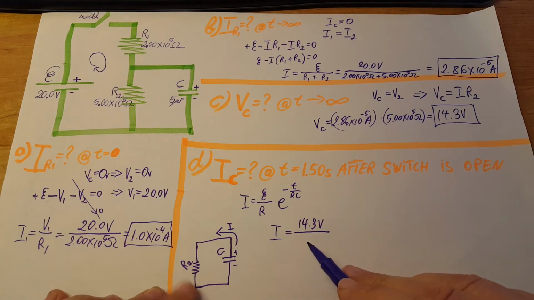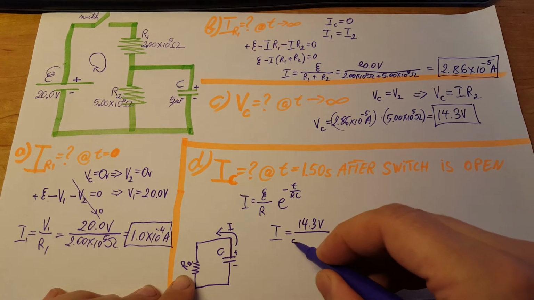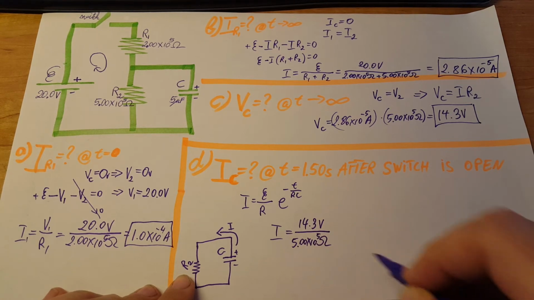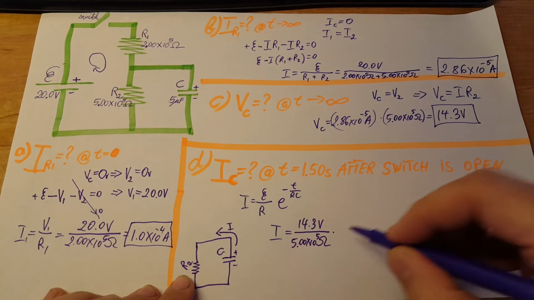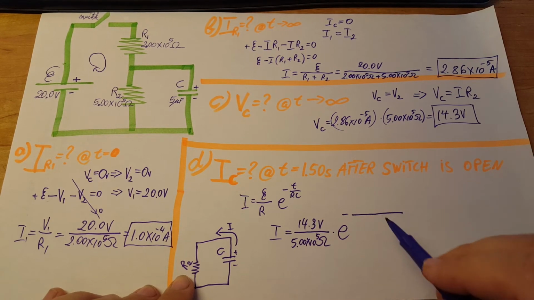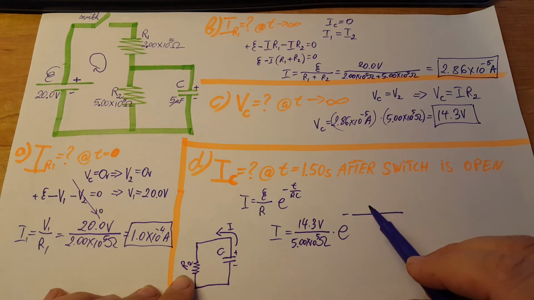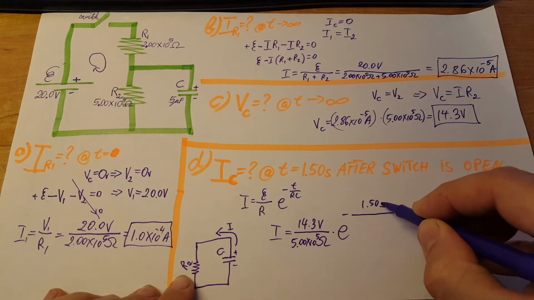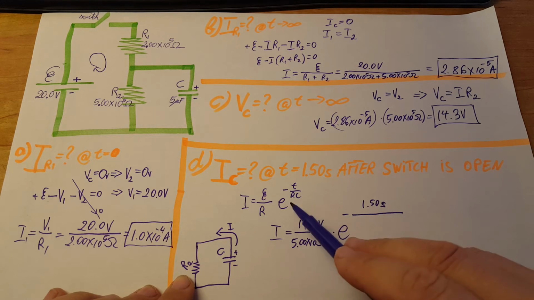On the bottom, the only R left in our circuit is R2, so we're gonna write 5.00 times 10 to the 5th ohms, times e to the negative t. Our t is the time that they're asking, 1.50 seconds.